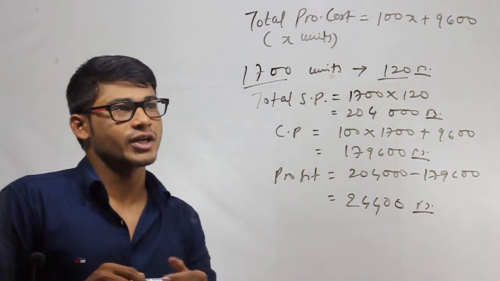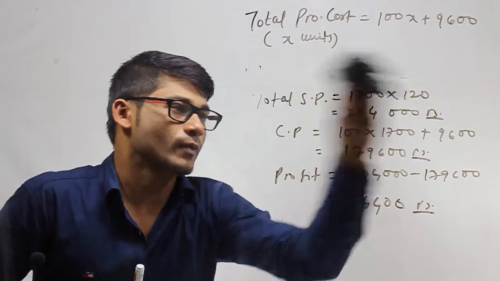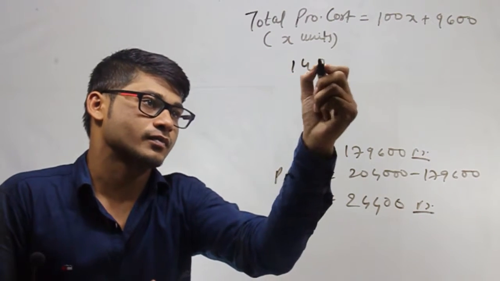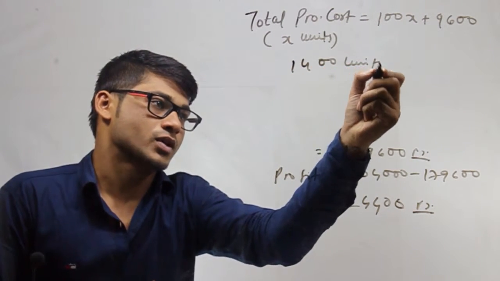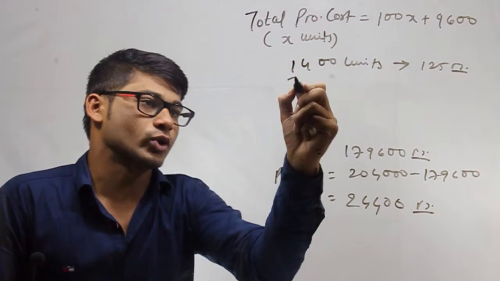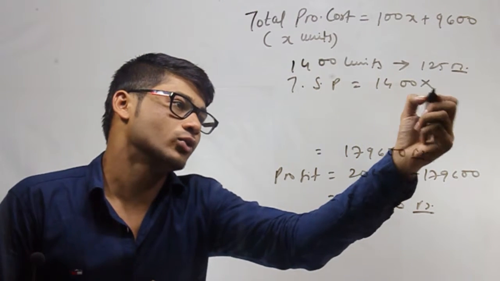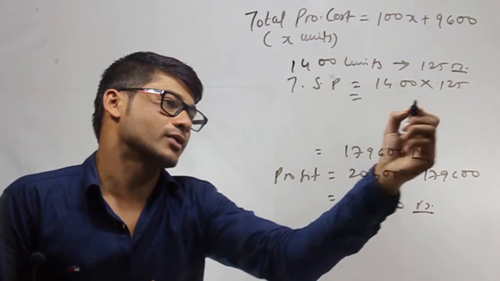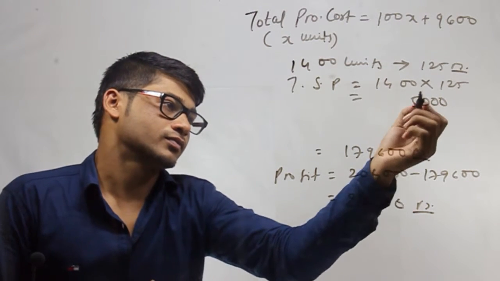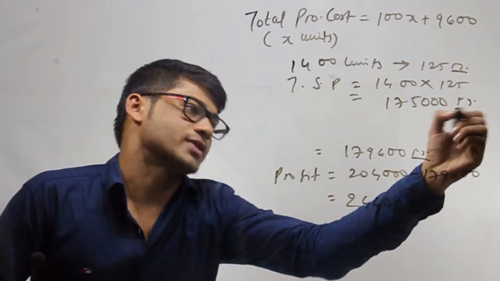Now we can check for 1400 units when the selling price is 125 rupees. For 1400 units, the selling price will be 125 rupees. Now the total selling price will be 1400 into 125. This will be equal to 175,000 rupees.